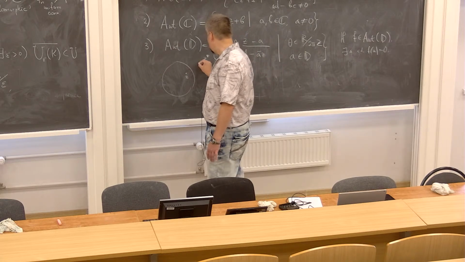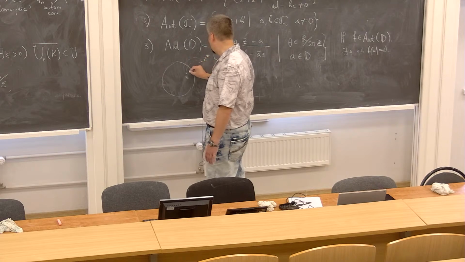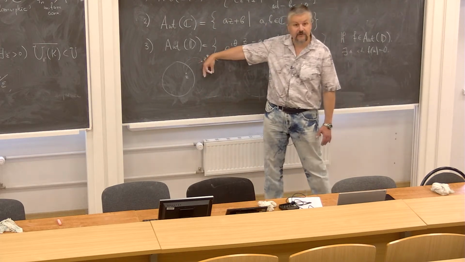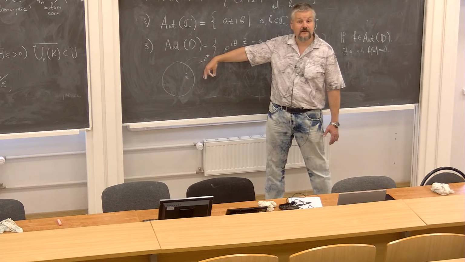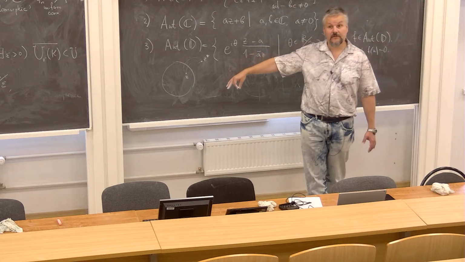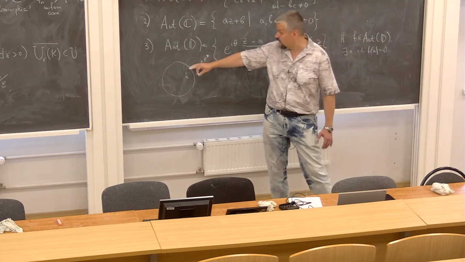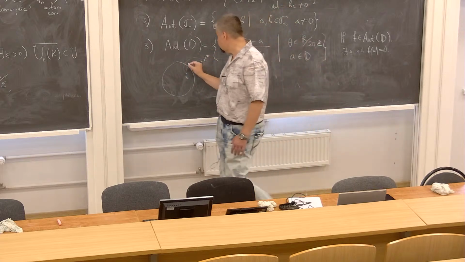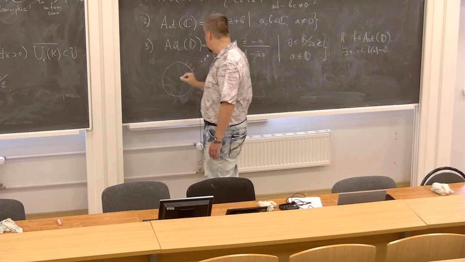You have a 1-parameter family of circles through the 2 points, through Z and Z star, and if the 2 points are symmetric to each other, then all the circles are perpendicular to the unit circle. So all these angles are right angles.